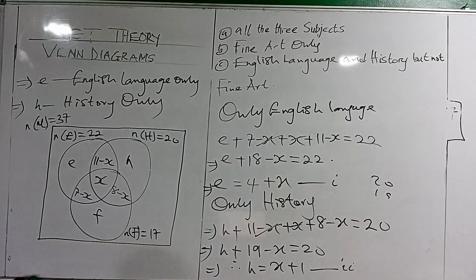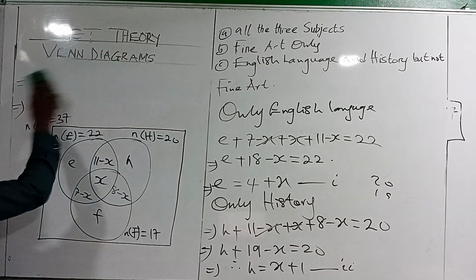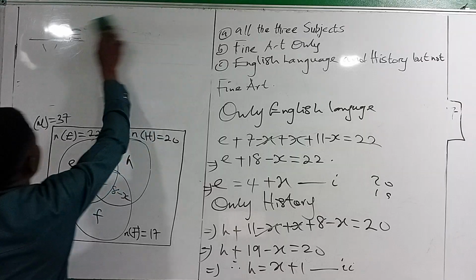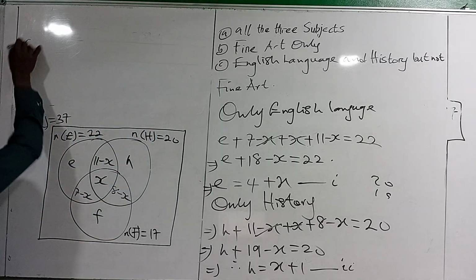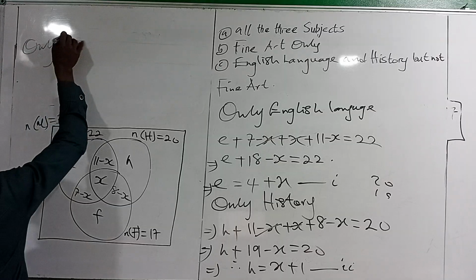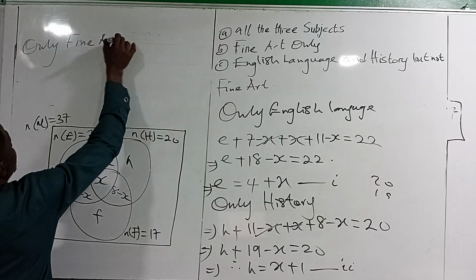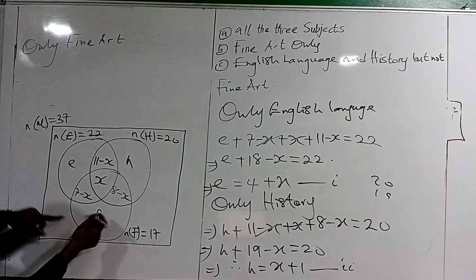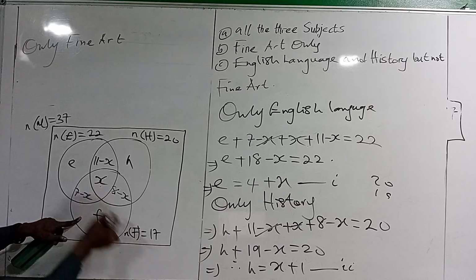Okay? Now, what is the next thing? So only fine arts now. Only fine arts. So only fine arts now we have this, this plus this plus this plus this equals this one.